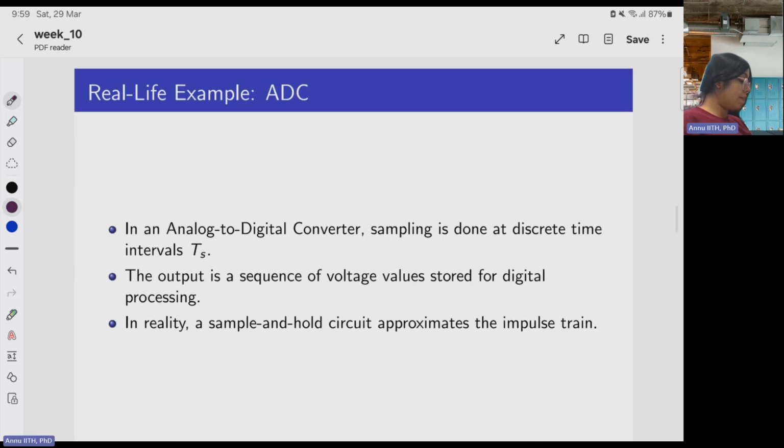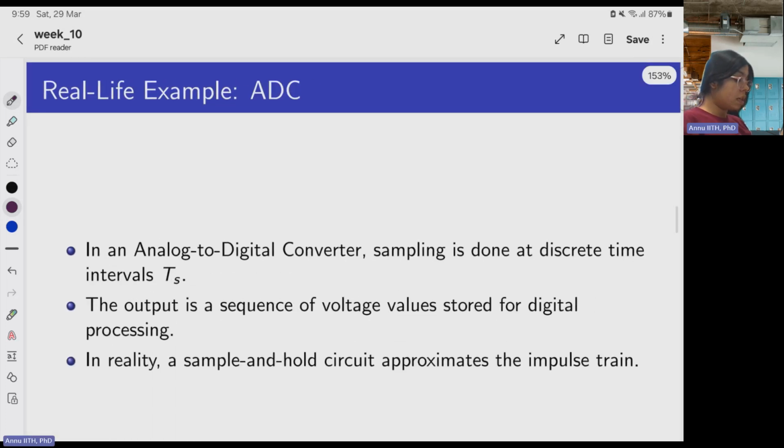So a real life example is the analog to digital converter, where sampling is done at every discrete time interval Ts. The output is a sequence of voltage values stored for digital processing. So in practice, a sample and hold circuit approximates the impulse train. This is a very important term that we should take note of: in reality, a sample and hold circuit approximates the impulse train.